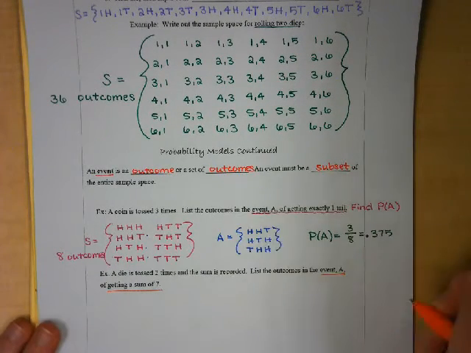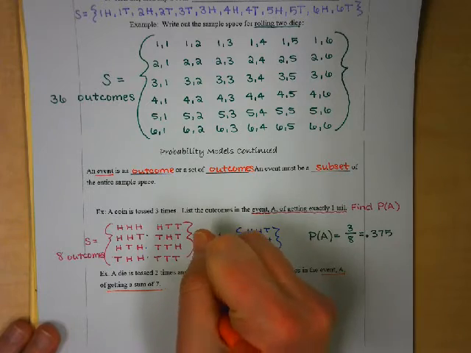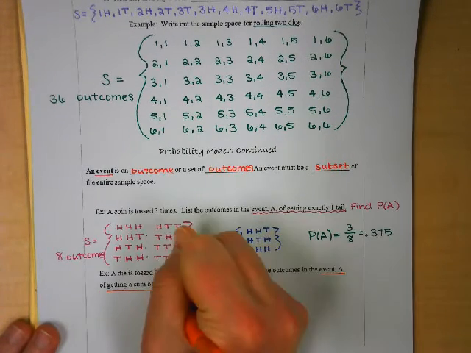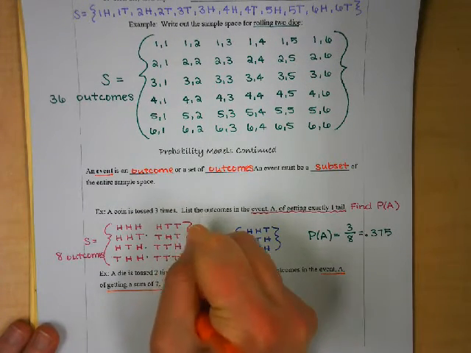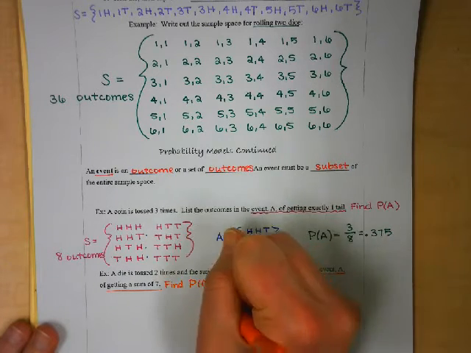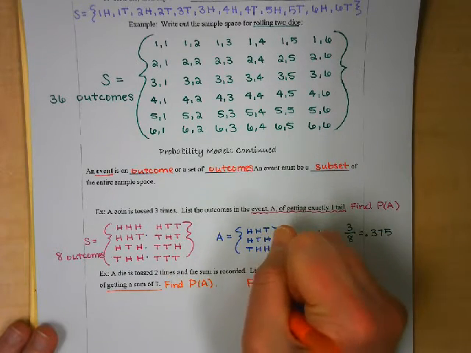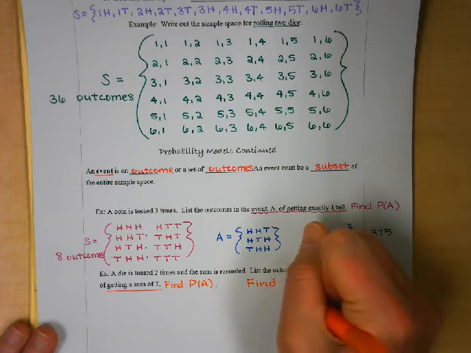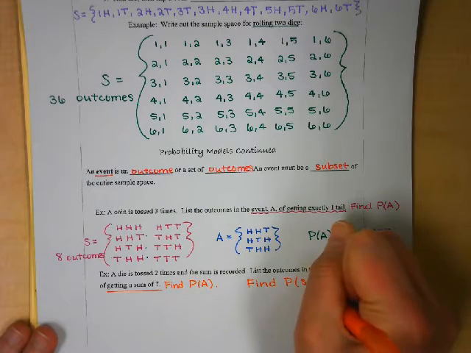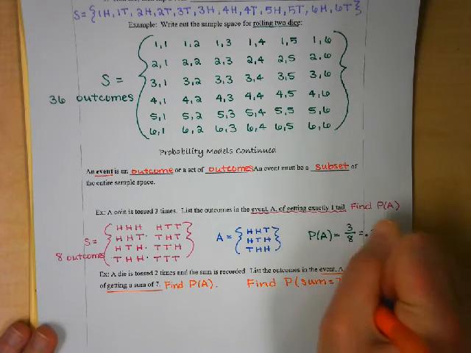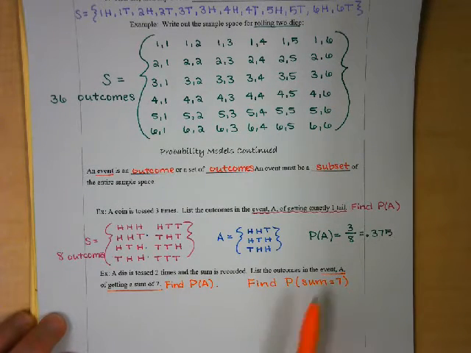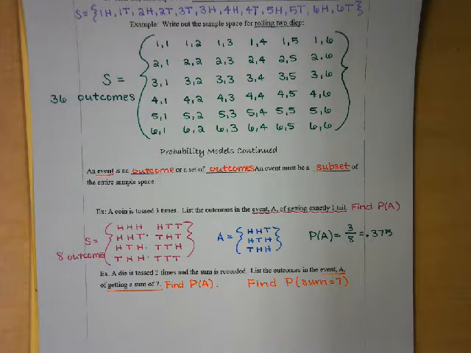By the way, sometimes they'll define A and then they'll ask you to find the probability of A. Sometimes they'll define A and then they'll still say find the probability that the sum equals 7. So just know that sometimes it'll show up like that, even if they define what A is. They use them interchangeably.